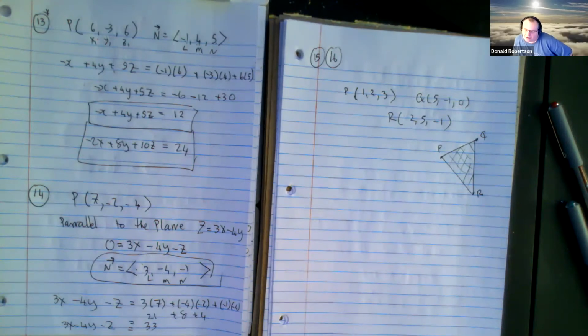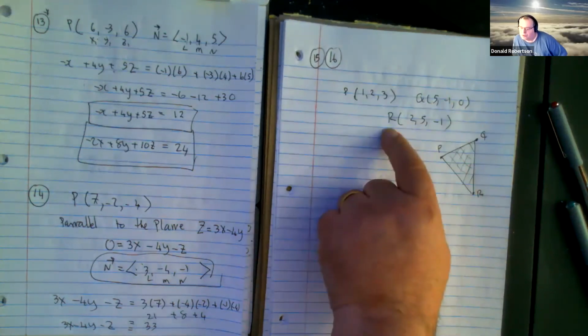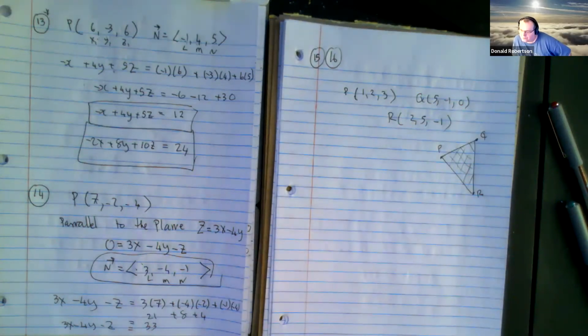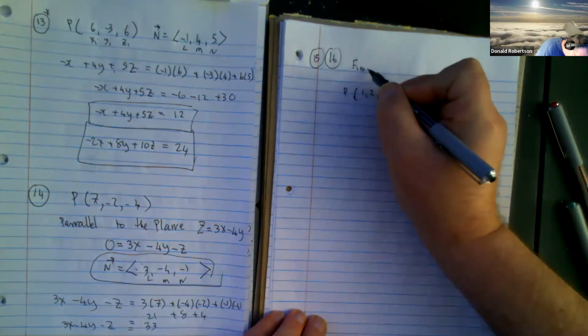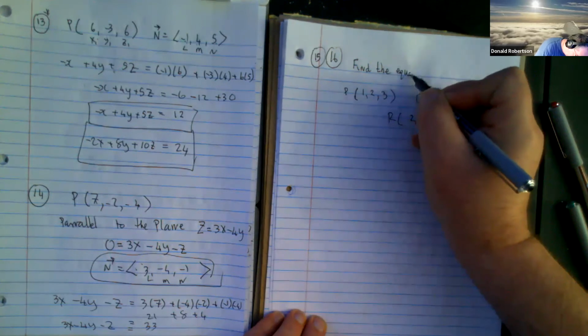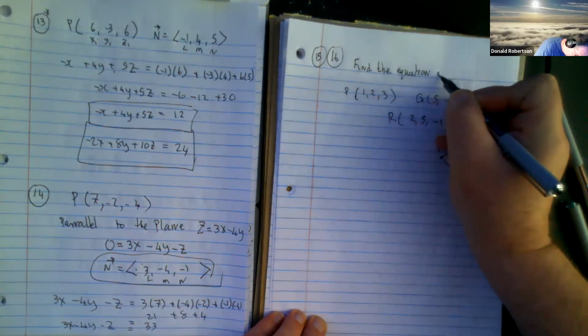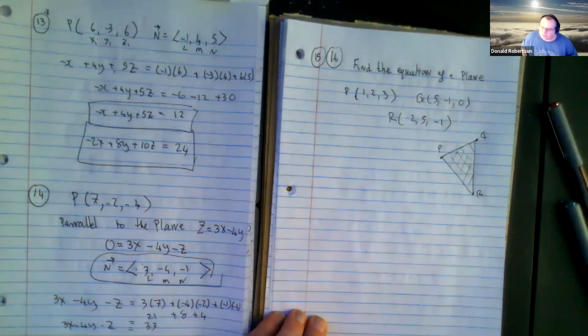And if you have a triangle, shouldn't you be able to have an equation of a unique plane that passes through the triangle? So this question becomes, find the equation of a plane that passes through 3 points, P, Q, and R. Right, so that's the question. Find the equation of a plane that passes through those 3 points.